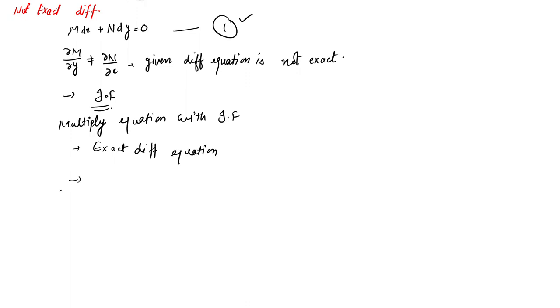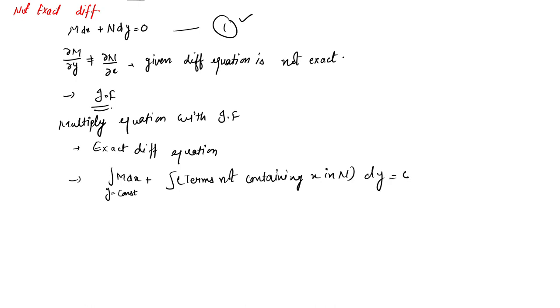Now we will use our previous method to solve the exact differential equation. What is the solution of an exact differential equation? That is the integral of M dx, where y is a constant, plus the integral of the terms not containing x in N dy, equals 0.